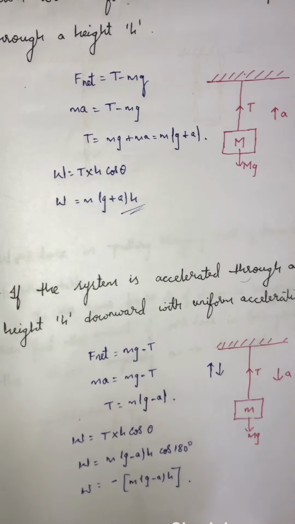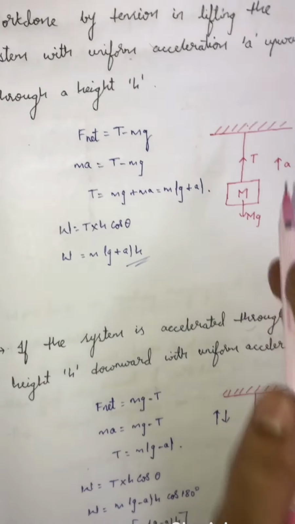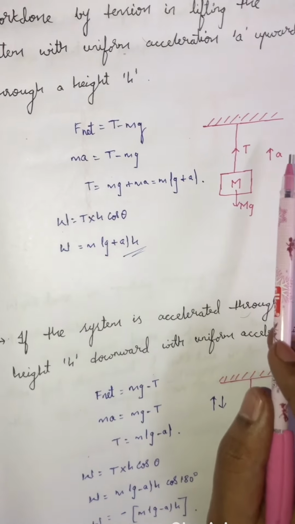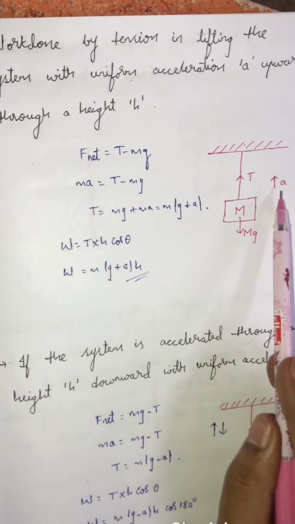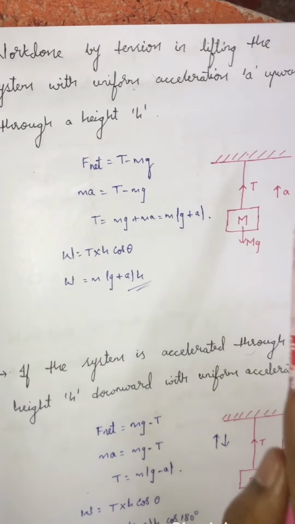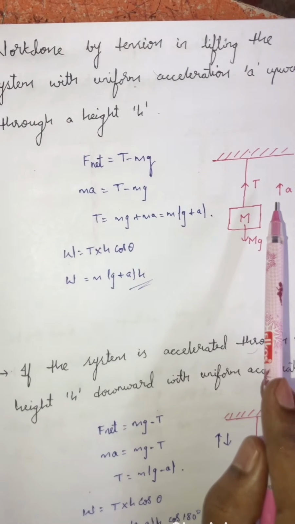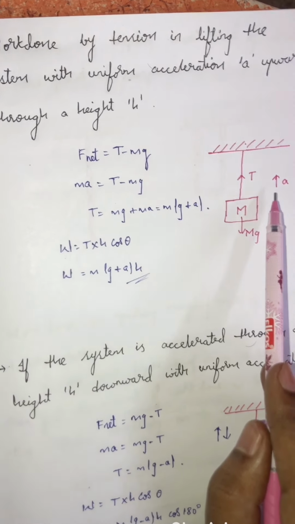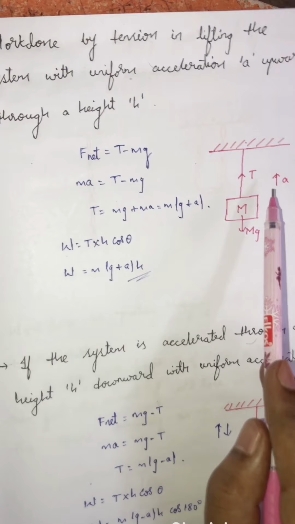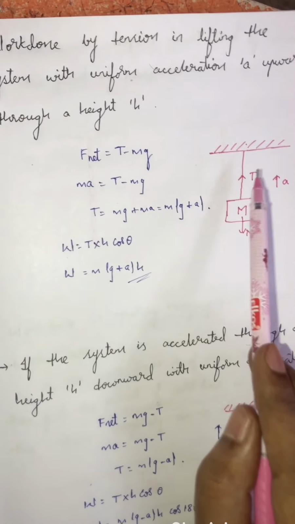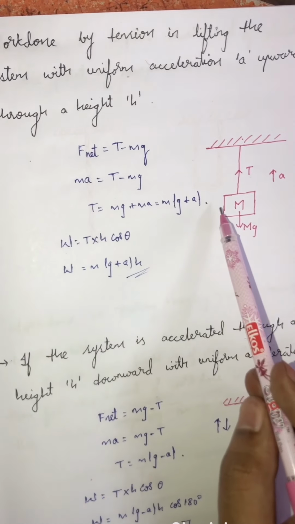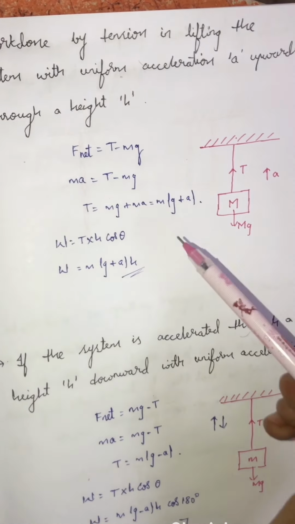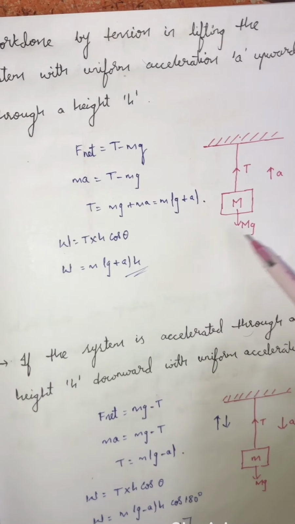Here if the block is taken to a height h, or raised to a height h, with a constant velocity, constant velocity means the value of acceleration a will be equal to 0, as the velocity is constant, so the initial velocity and final velocity will be the same, so v minus v will become 0.